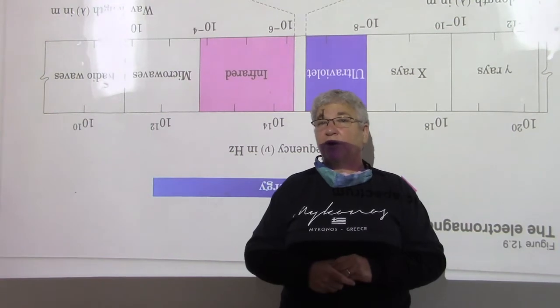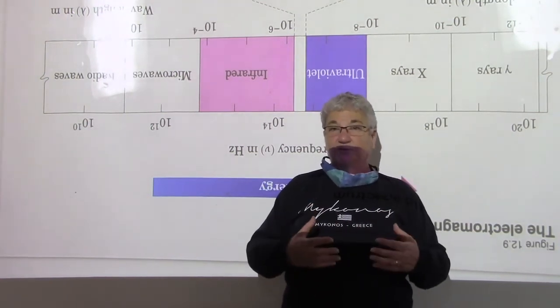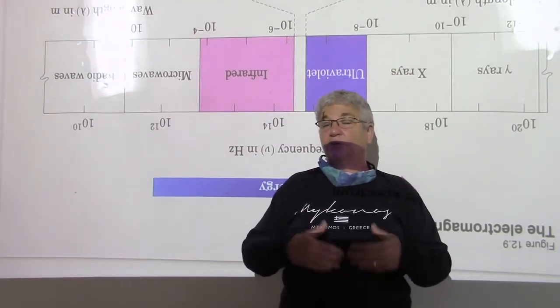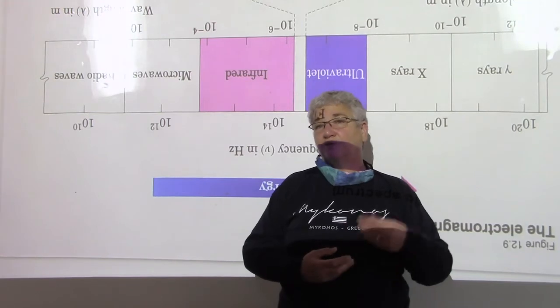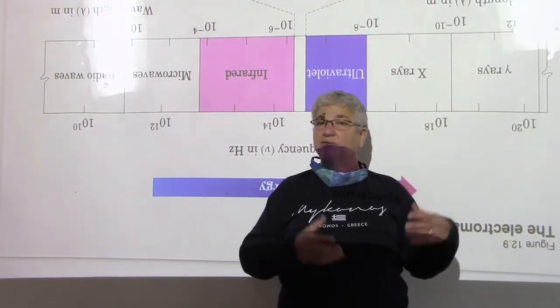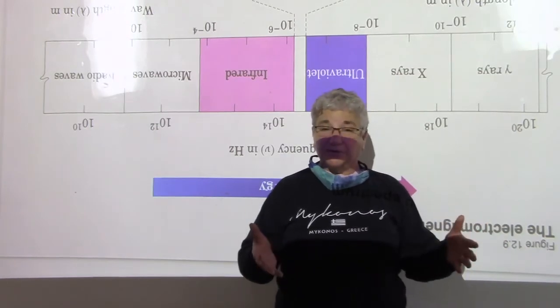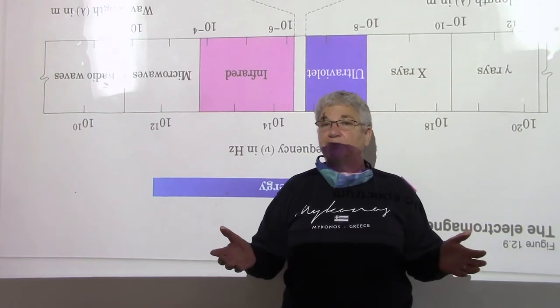And so you are going to see that certain functional groups will absorb very specific frequencies of infrared light, and therefore that absorbance will be recorded on the instrument, the IR spectrometer, and then you will be able to interpret the spectrum that comes out.